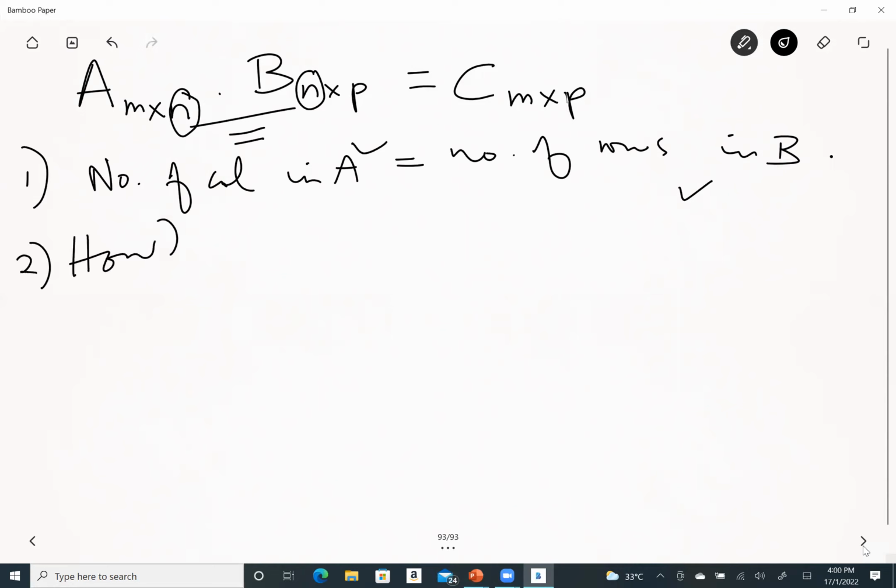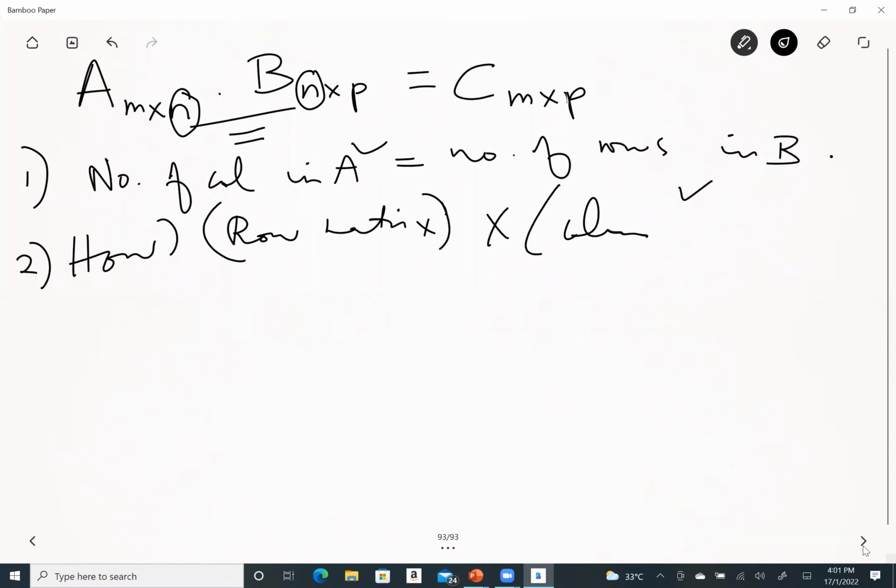Now, number 2, how do you multiply? That is not as simple as addition because it involves multiplication and addition. So in order to do that, we will do the row matrix multiplied with the column matrix.